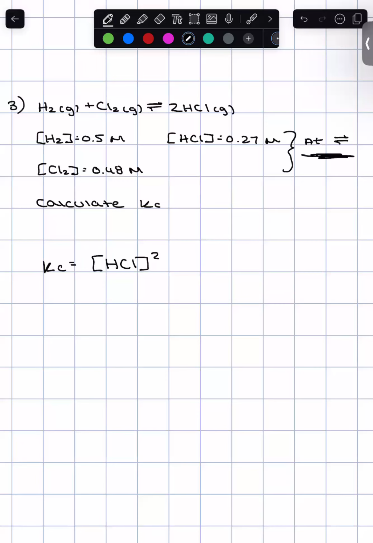That top one is squared, and then in the bottom, we just have the concentration of H2 and Cl2. So this is just equal to 0.27 molar squared over 0.5 molar times 0.48 molar.